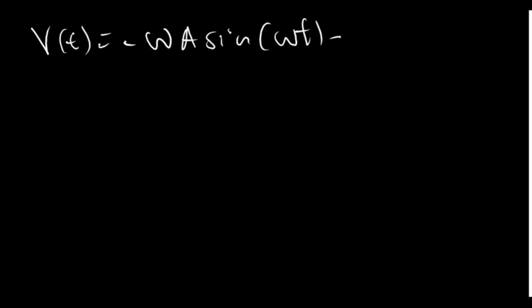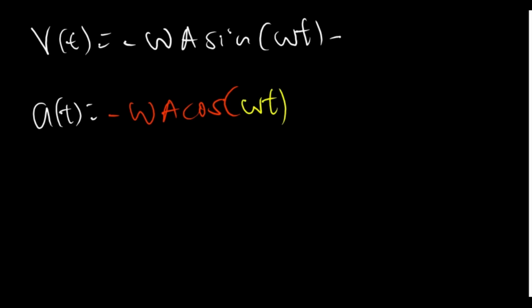If we differentiate it, we are going to get the formula for acceleration as a function of time. So the derivative of sine is just basically cos, and then I'm going to put what is here. But remember, we are supposed to multiply by what is outside this part here, so I'm going to put w.